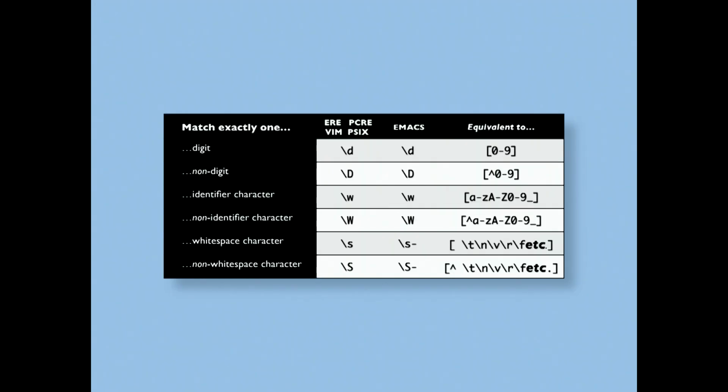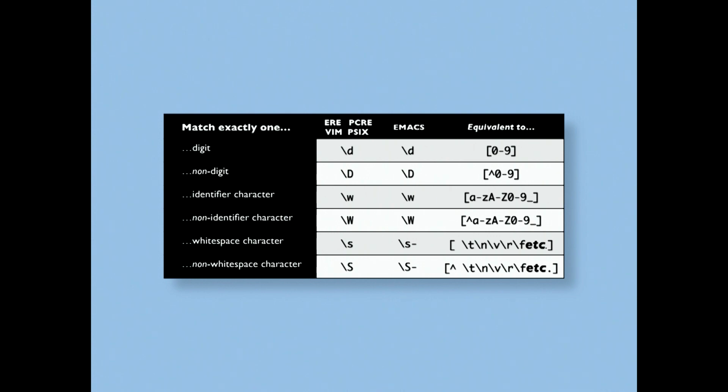The standard ones that we use very frequently are \d to represent any kind of digit, \s to represent some kind of space character, and \w to represent some kind of identifier character, which is usually an alphanumeric or the underscore character in most dialects.